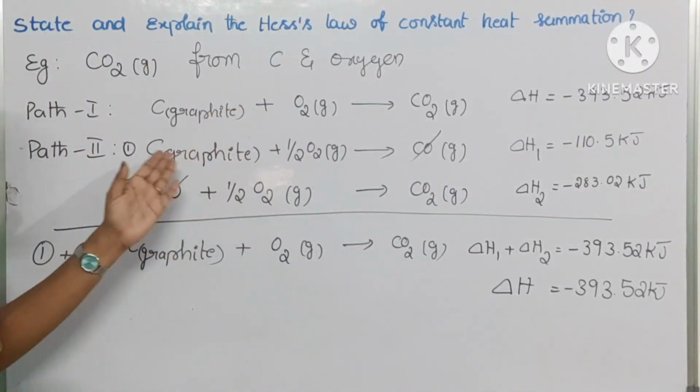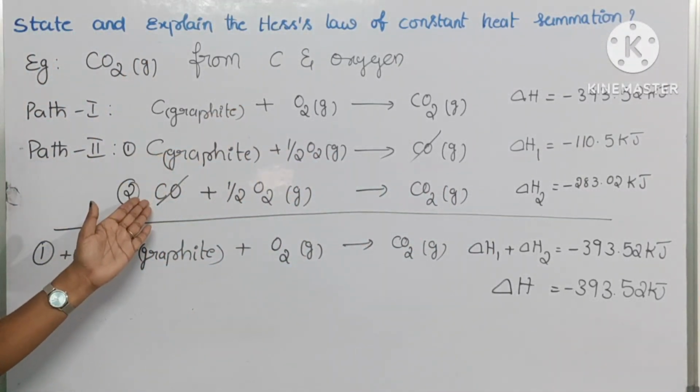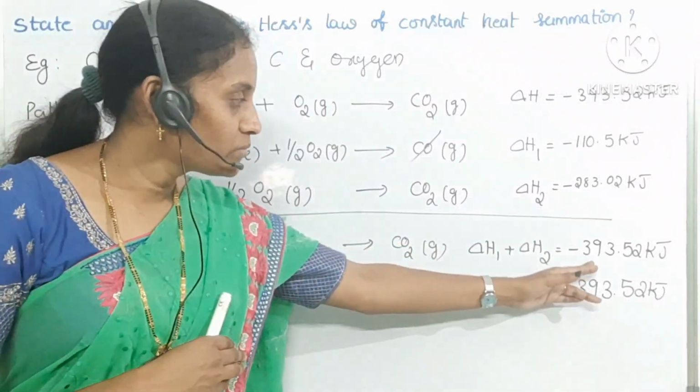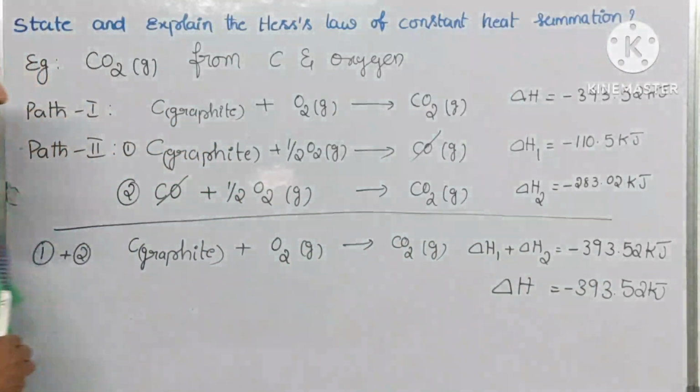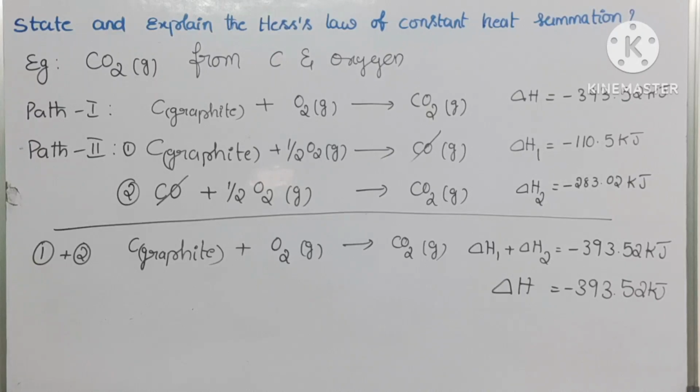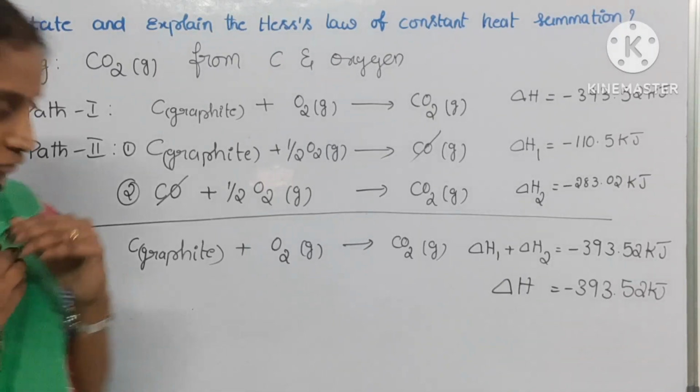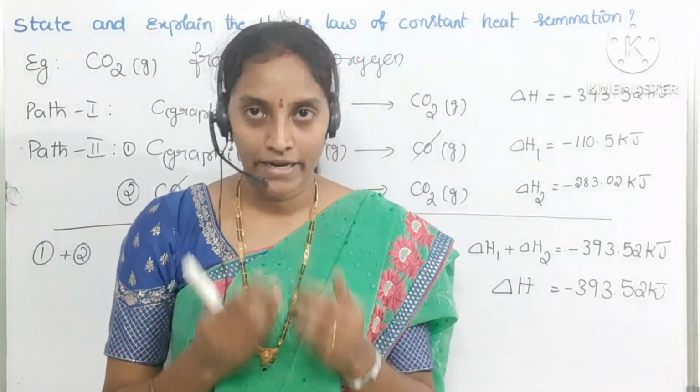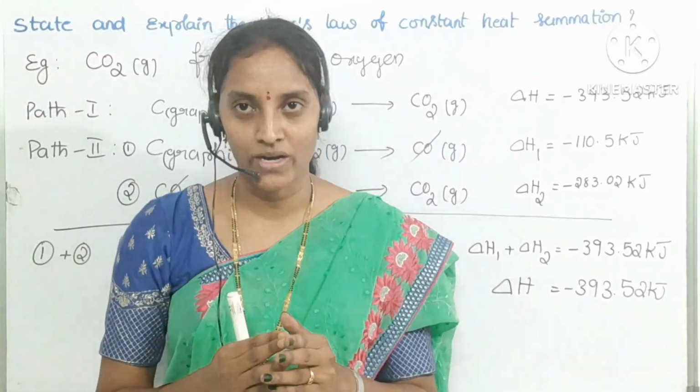If the same reaction takes place in different steps, that also gives minus 393.52 kilojoule. So if you get this question, just try to write it as it is, you will get full marks.